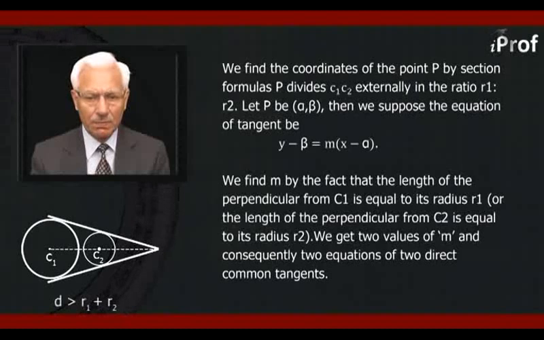We find m by the fact that the length of the perpendicular from C1 is equal to its radius R1, or the length of the perpendicular from C2 is equal to its radius R2. We get two values of m and consequently two equations of the two direct common tangents.